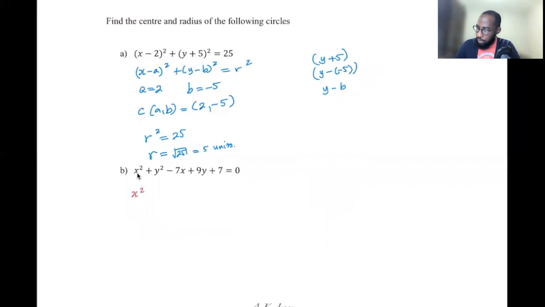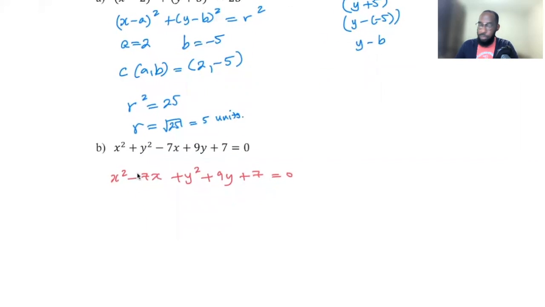So I have x squared. Then I'm going to apply completing the square. If you're not too familiar with completing the square, look at my completing the square video to get the gist of what's going on here.